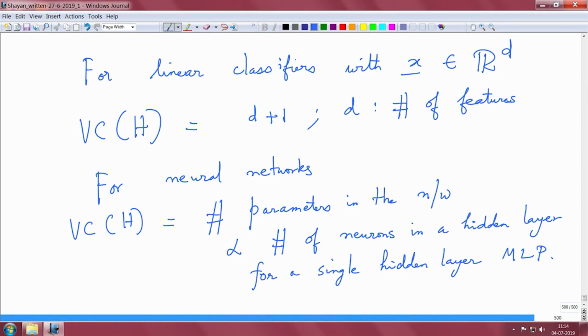So, if you think about it in the context of neural networks, I have these nonlinear processing elements in my hidden layer. I also have them in the output layer as well, but the complexity of the machine or the capacity of this learning machine to shatter these points depends upon the number of neurons in the hidden layer.